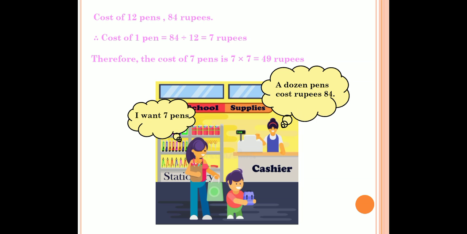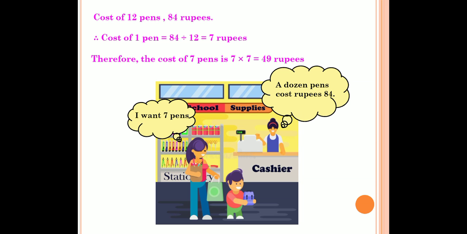So let us solve this one. Now see, the cost of 12 pens, that is one dozen, is 84 rupees. So first we have to find the cost of one pen, that is 84 divided by 12. When you divide it, you get the cost of one pen, that is 7 rupees. So per pen cost is 7 rupees.